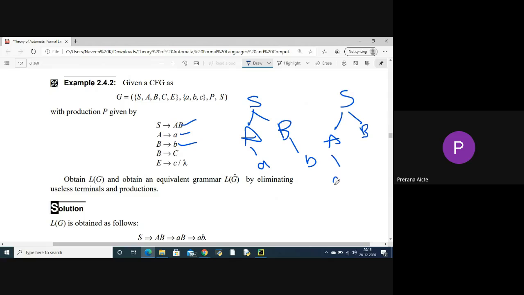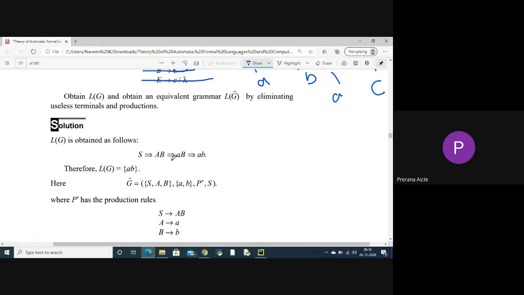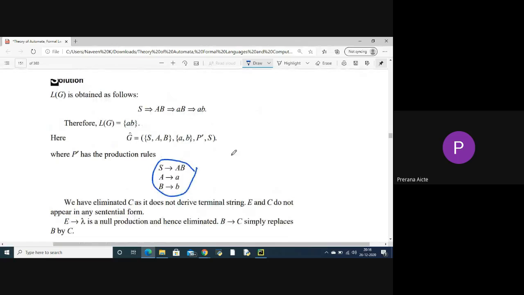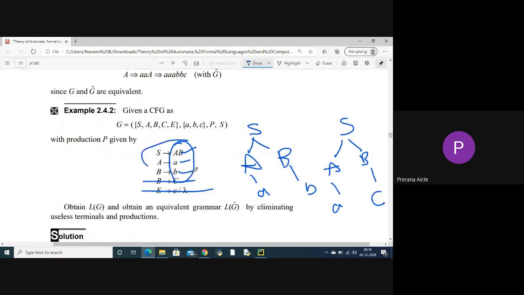We have only one possibility for A, and one more possibility for B is C, and there is no production for C. So it is not useful. And this is also not useful as we don't have any capital E on the right side of any production. The answer is S tends to AB, A tends to a, B tends to b. These two productions are eliminated from the grammar.